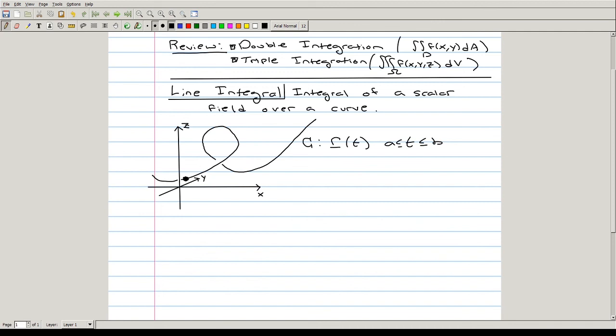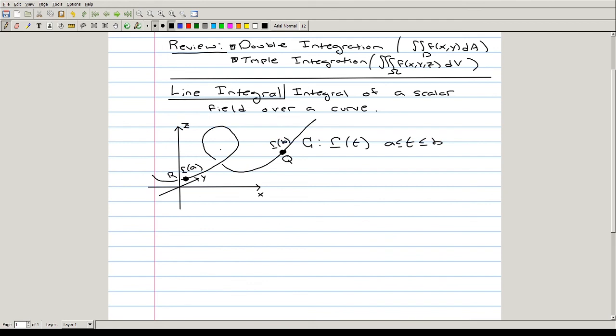Let's say we have some point here on the curve. We'll call it our starting point. It'll be R. Let's say we go to some other point on the curve, and we'll call the ending point that we're going to go to Q. So the starting point R here, we can think of as the parametric curve at the parameter a, and this point right here is the position vector at b.